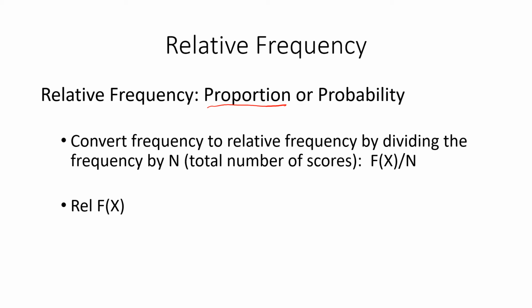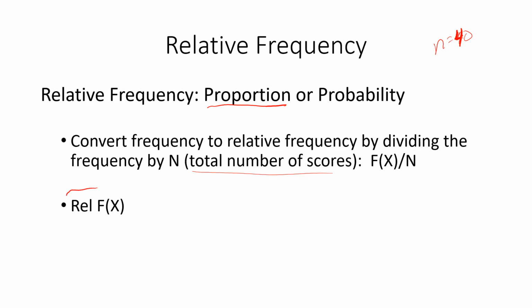We convert it by taking our frequency and dividing it by n, which is the total number of scores. So if you recall from our example, n equals 40. So taking any absolute frequency, taking a specific frequency, and dividing by 40, you'll get the relative frequency.